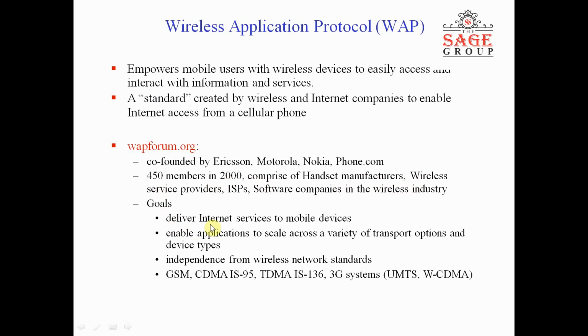The goal of WAP is to deliver internet service to mobile devices, enable applications to scale across a variety of transport options from different devices, independent from wireless network standards, and these are the other technologies which are used in WAP services. Basically, WAP is a network independent service, so everyone can use it without any dependence on the network.